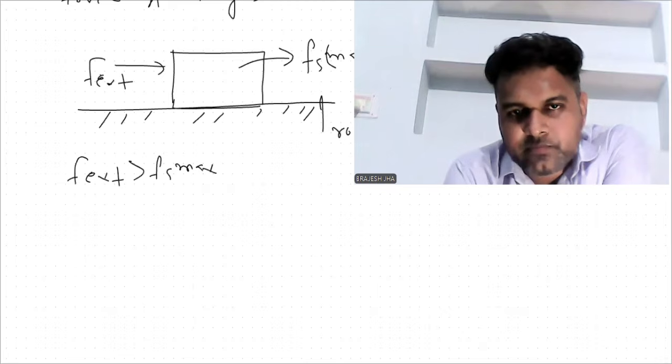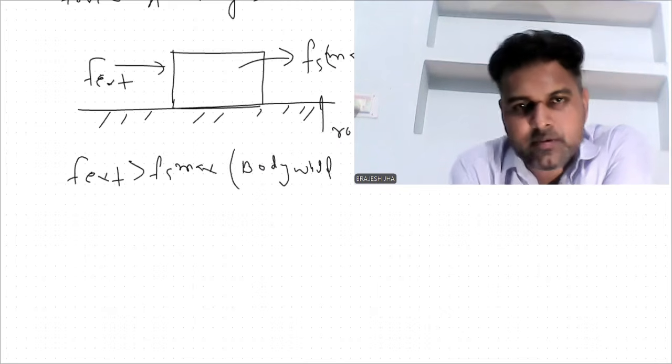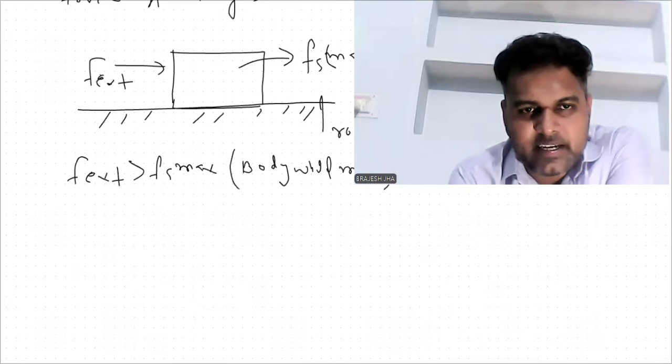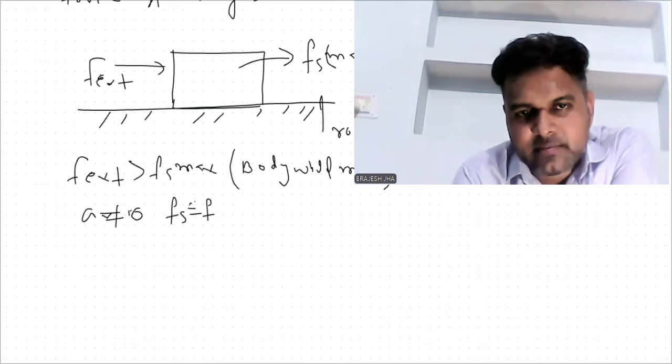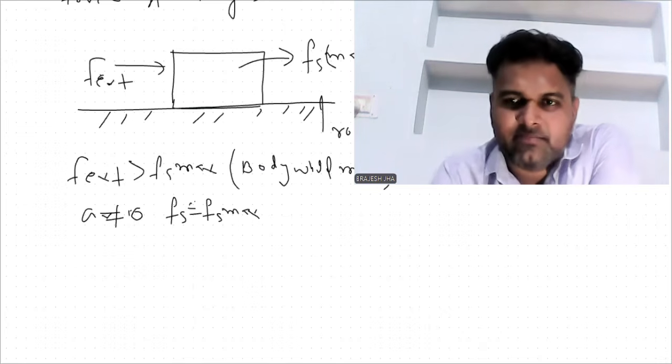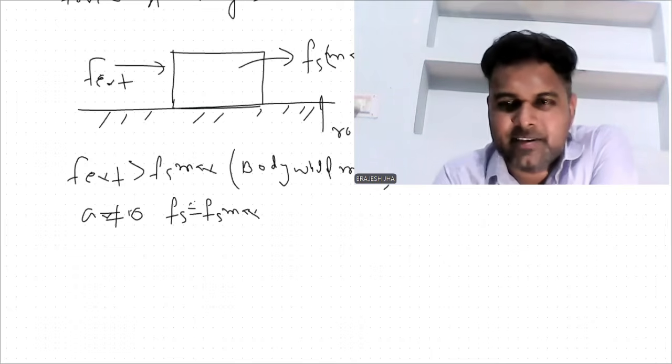The body will move. So we can directly say acceleration is not equal to 0, and friction is Fs max. Some student thinks, sir, you are doing reverse engineering. You are talking about the third case, but I learned from the first case.